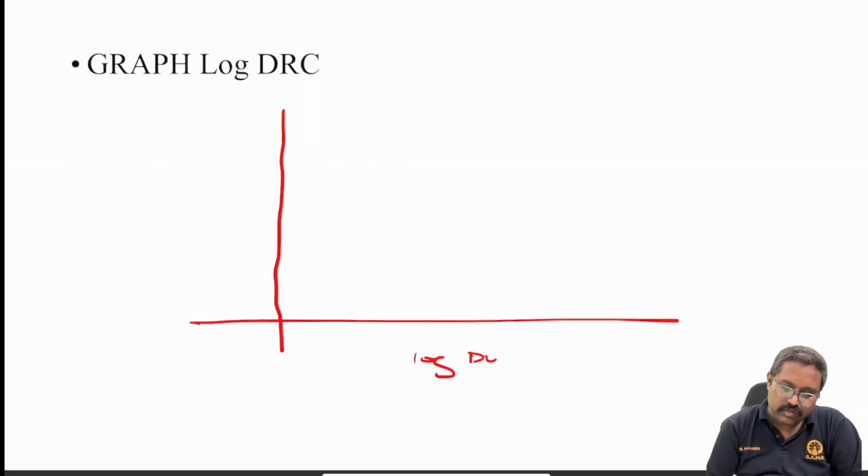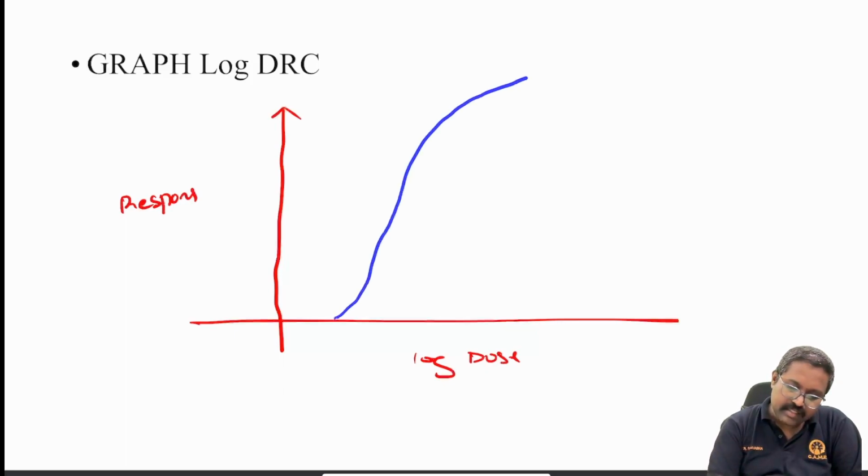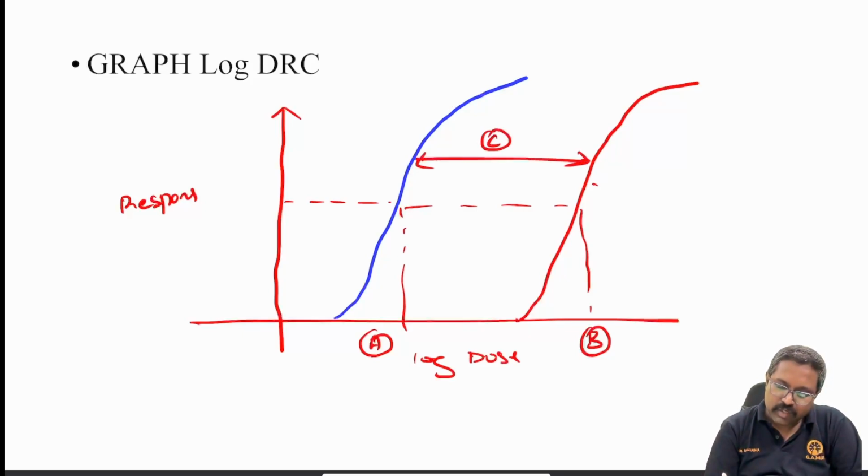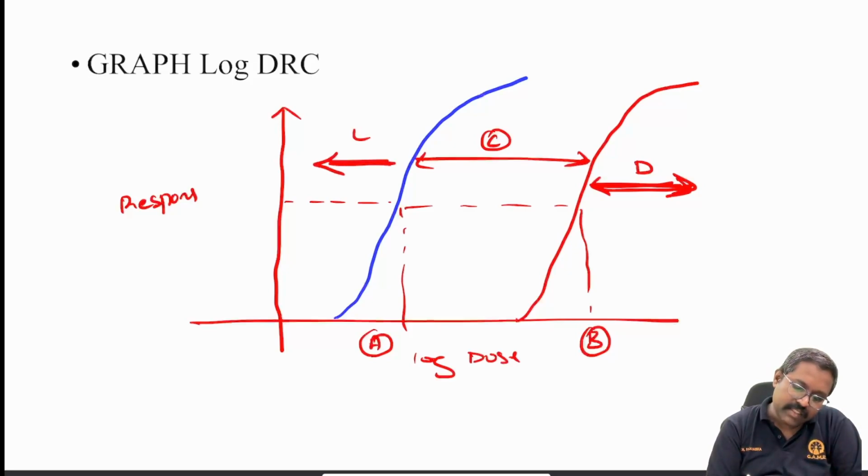This is the log dose and this will be your response, and they may ask what is this A, what is this B, what is this C, and what is this range D, and what will happen if the doses decrease, that is E.